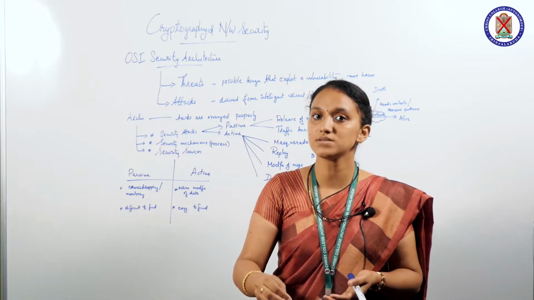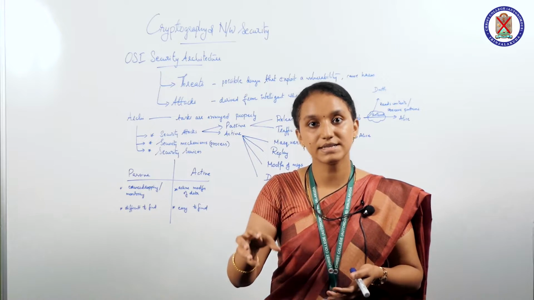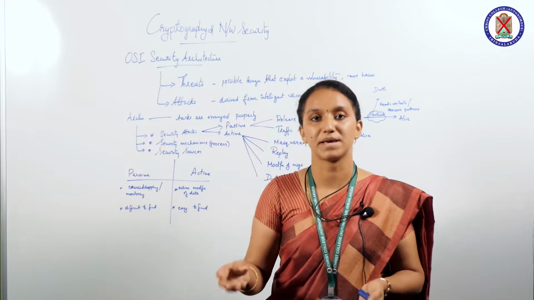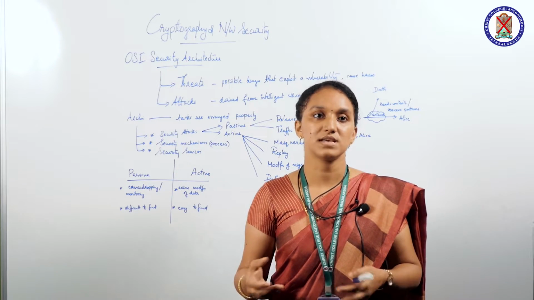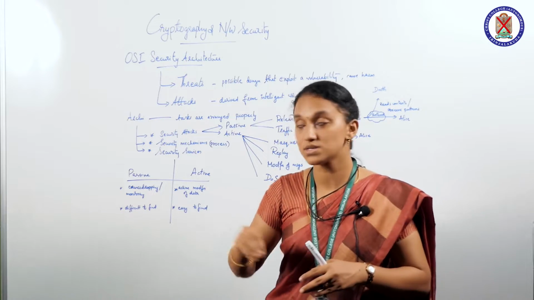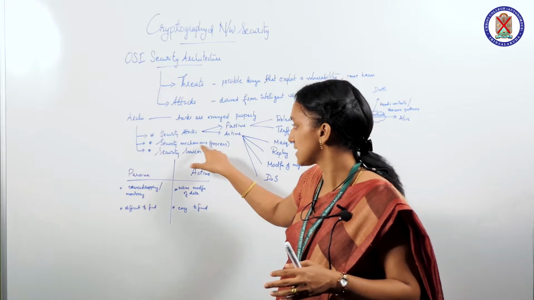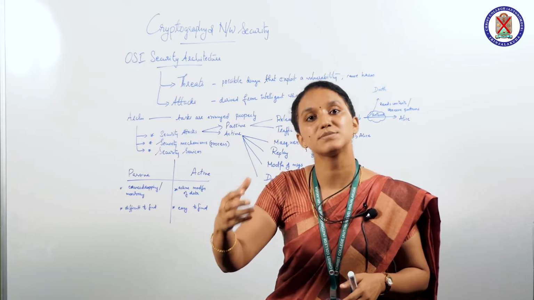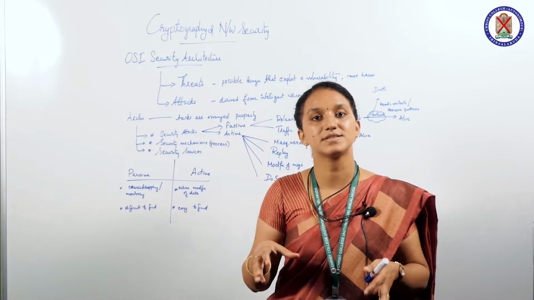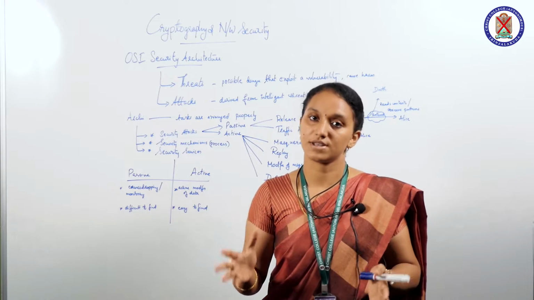So any process used to detect a security breach can be called a mechanism. And the third one is security services. Security services are intended to use the security mechanisms to offer the services. Okay, using these mechanisms, the security services are provided to the organization.